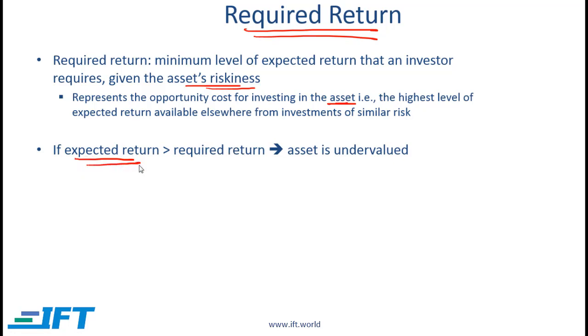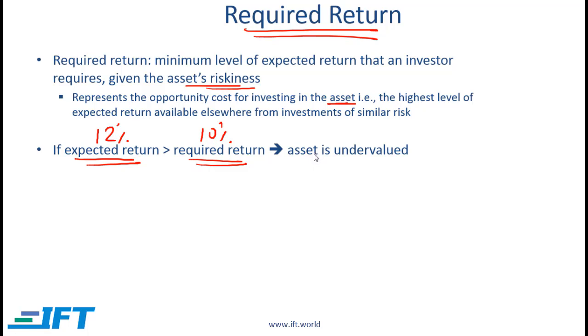If the expected return for a given investment is greater than the required return, then we say that the asset is undervalued. Take a simple example where, based on your calculations and expectations, over a given holding period, the expected return is 12%, but the required return is 10%, then we say that the asset is undervalued.